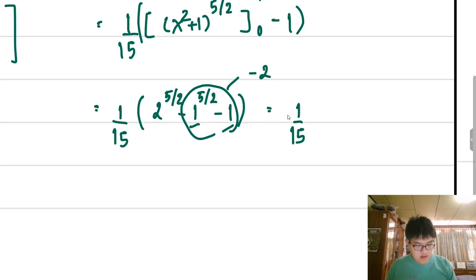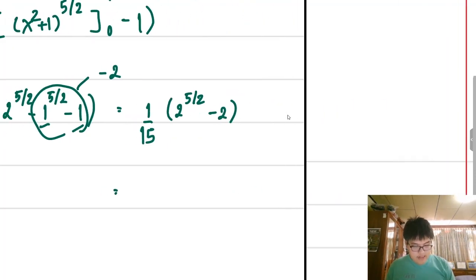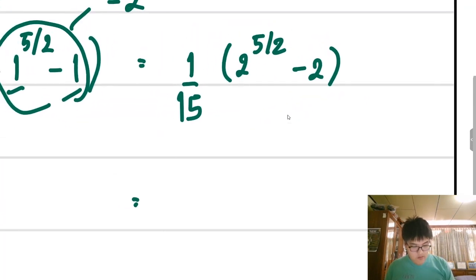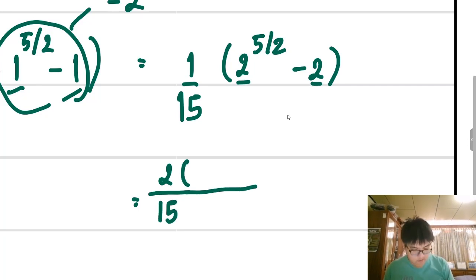1 over 15 and 2 to the power 5 over 2 minus 2. This one we will rearrange. We will take 2 out, have the same over 15, and for 2 to the 5 over 2 we will get the square root of 2.